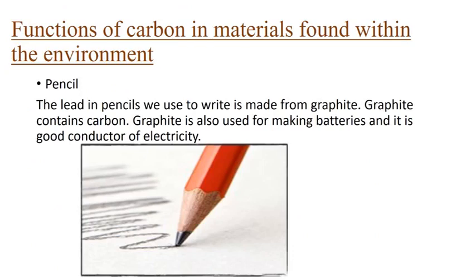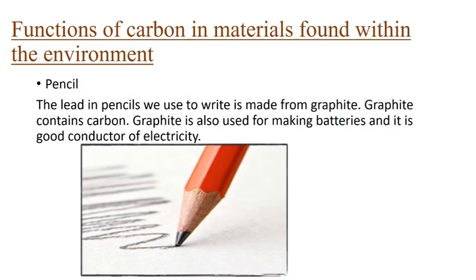Functions of carbon in materials found within the environment. The first point we're going to look at where we can find carbon is the pencil. The lead in pencils we use to write is made from graphite. Graphite contains carbon.